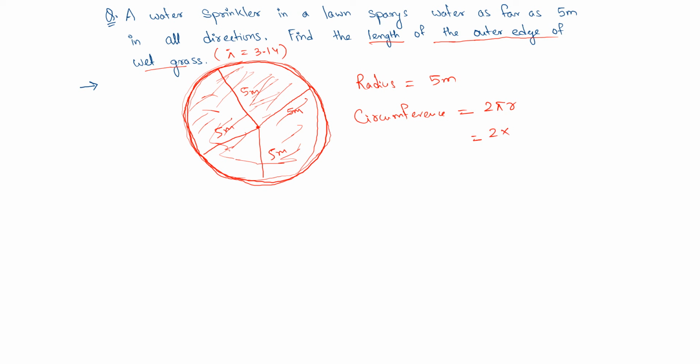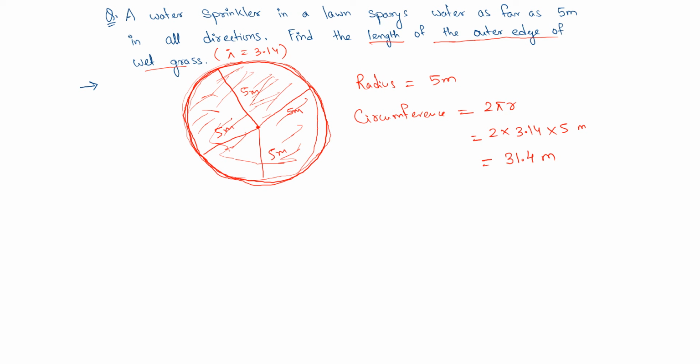So 2 into 3.14 into 5 meter. After multiplication, 5 2s are 10, and 10 into this, the point will move backward one place, so 31.4 meter.